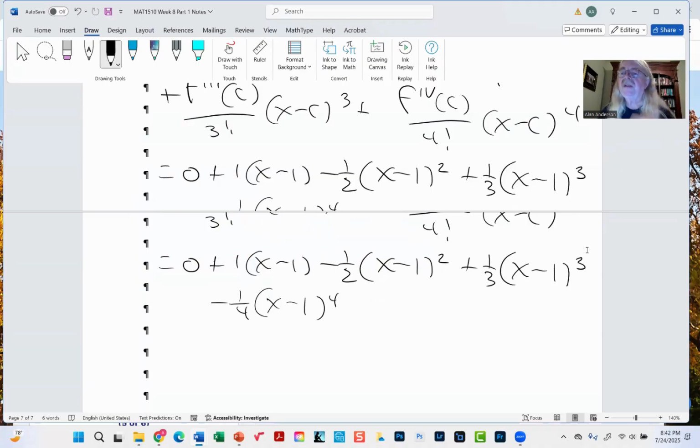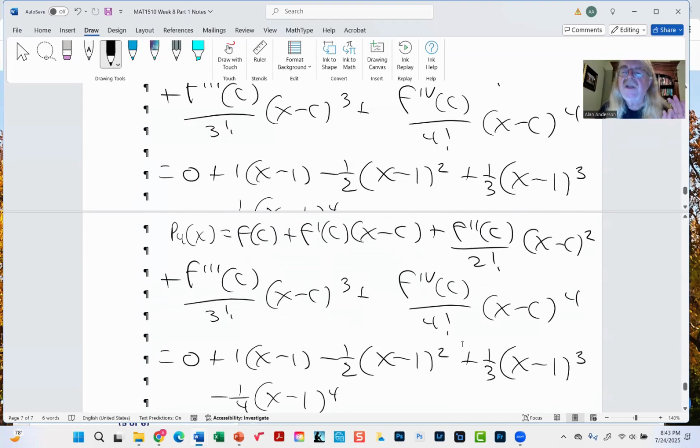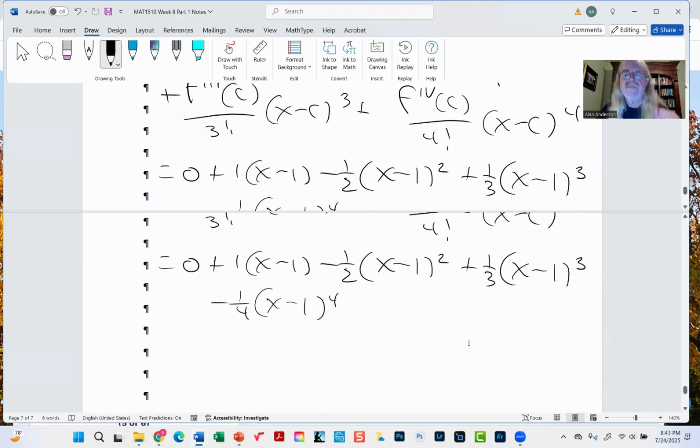And then the next one would have been negative 1 over 6, x minus 1 to the 6th. So there's a very noticeable pattern here. We're so busy filling in all the details that eventually you want to stop and see if there's some kind of pattern that will help us understand what we're doing, so you don't have to go nuts and keep filling in all these terms. It should be clear what's coming next.